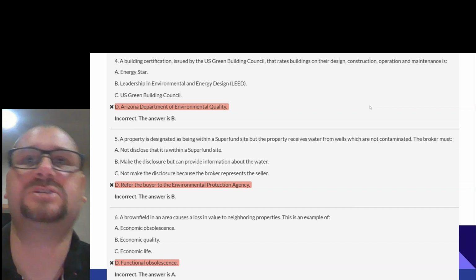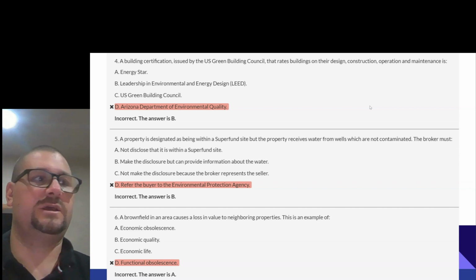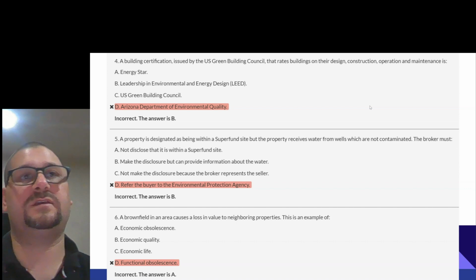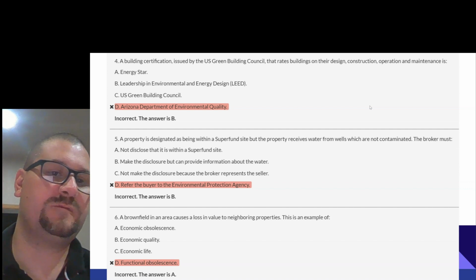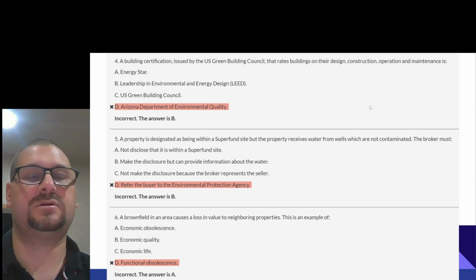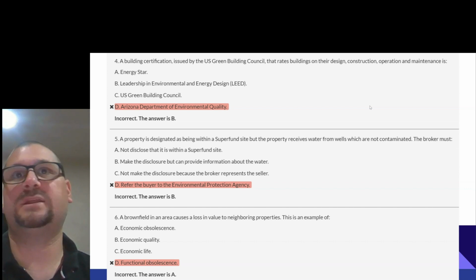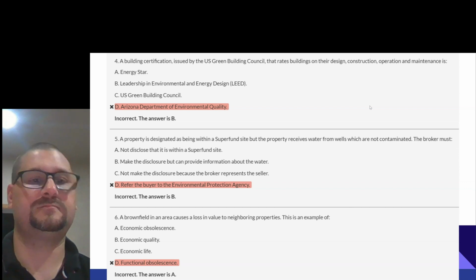Economic obsolescence is the hardest thing to cure because you're fighting the environment around you. Say you have a brownfield commercial building with a lot of asbestos in it, but it's in your neighborhood, that's going to be hard to cure.